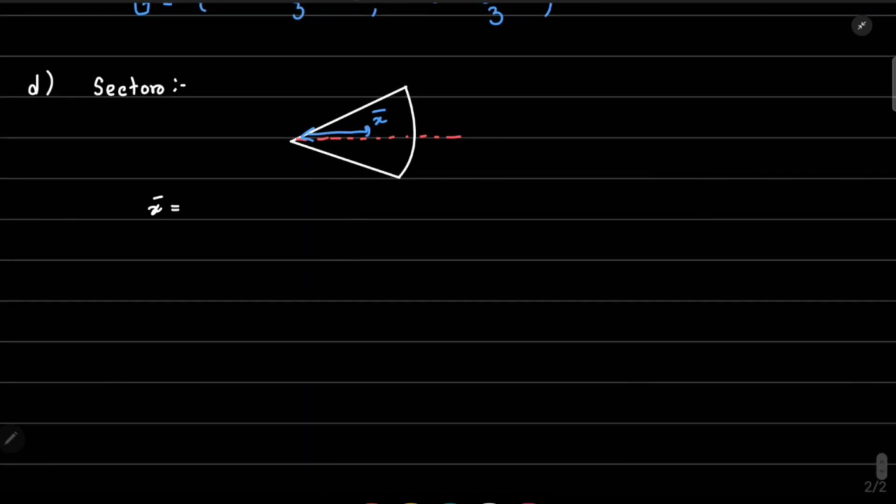X bar over here would be twice the radius of the sector, and we'll also need the angle alpha. So this is the angle alpha. So if we use that, we'll get a formula of 2r sine alpha divided by 3 alpha.